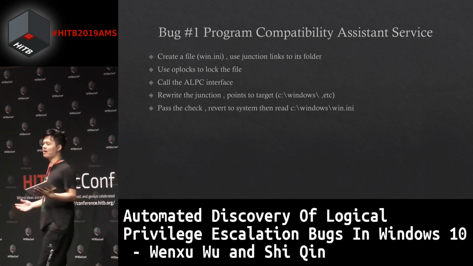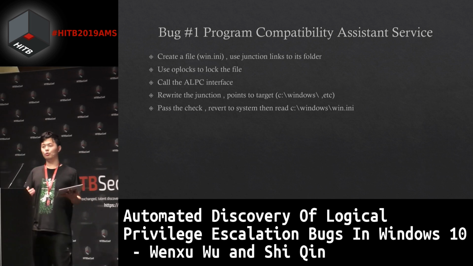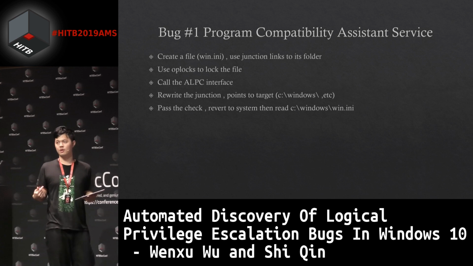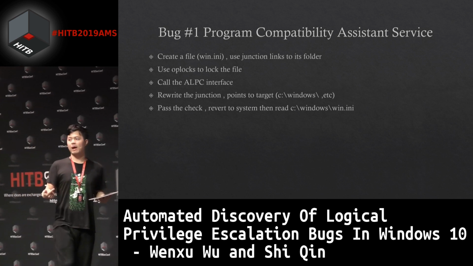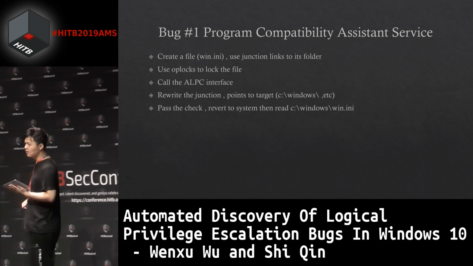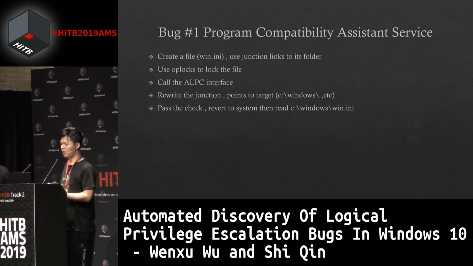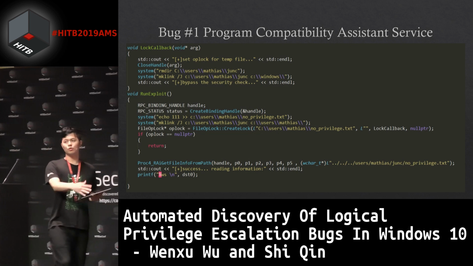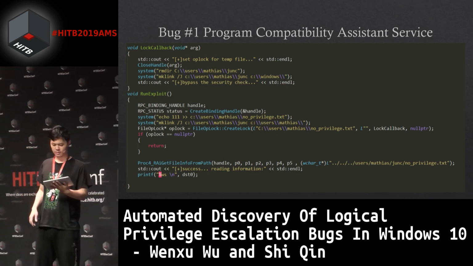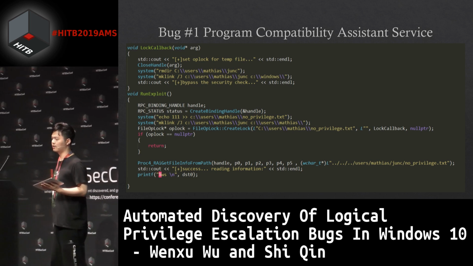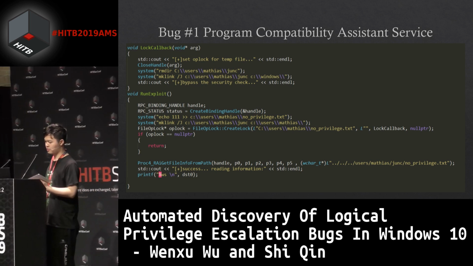And then we bypass the check, and the system service reverts to system privileges and gets the metadata back to our user. So that is to say we gain the target data with normal user privilege. It's very simple to write such an exploit. We just need to set OPLocks and get the callback functions.